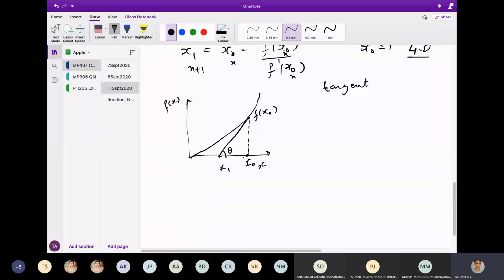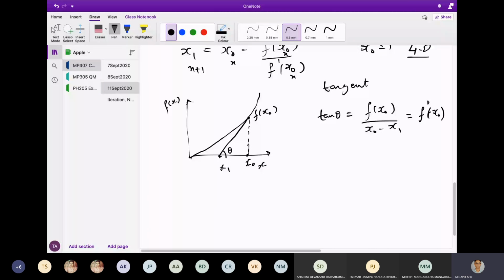Then if you take the tangent, that is the slope of this curve, which is simply f of x naught divided by this distance, x naught minus x1. And tan theta is also the slope of this curve, the first order derivative of the function at x naught.